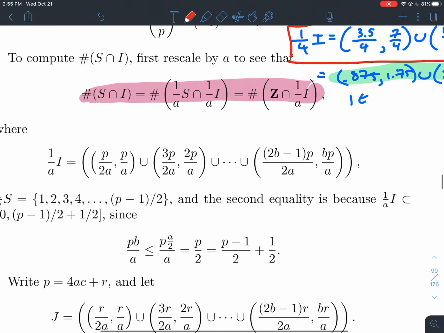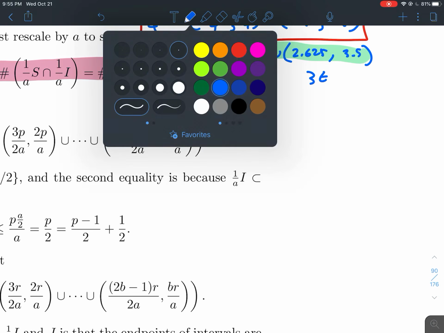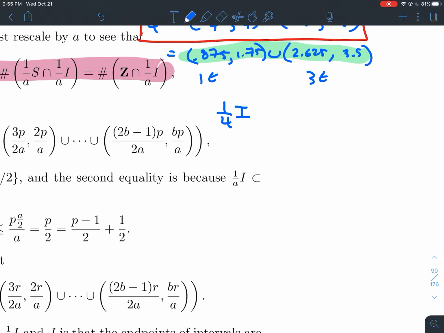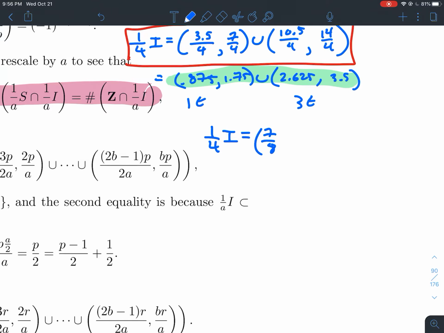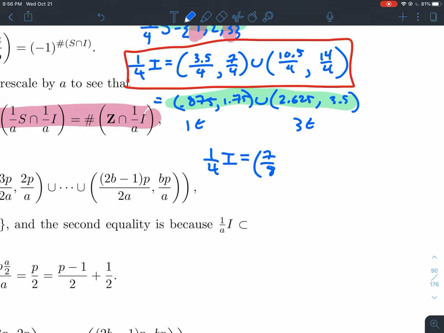So let's write that off to the side. So I can think about 1/4 I as 7/8, because that's the same thing as 0.875, to 7/4. And then the other one would be union 21/8 to 14/4.